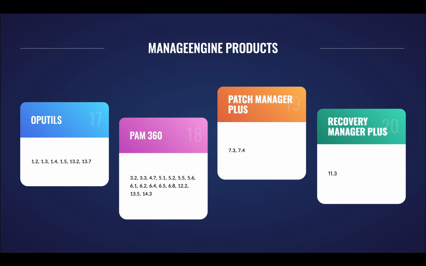You can share the passwords with the users who need access, and you can audit the remote connections and terminate them if necessary, or you can share that with your auditors for them to know what happened and who made the changes. Can be monitored in the PAM360 product.